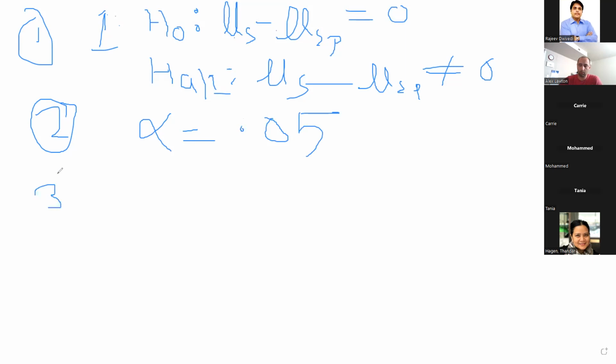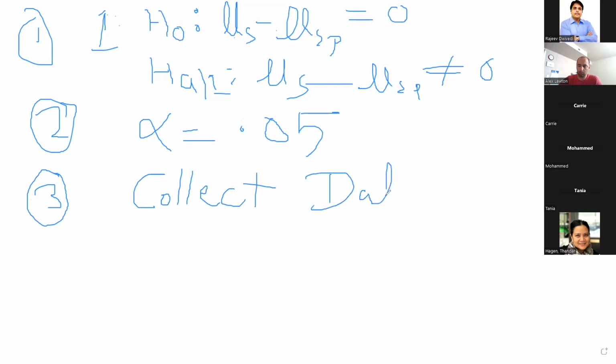Third thing, collect data. I can go and collect the data from different sources. Number 4, do calculation.